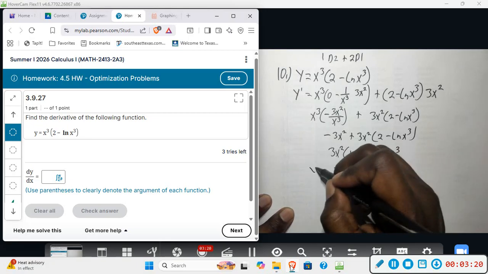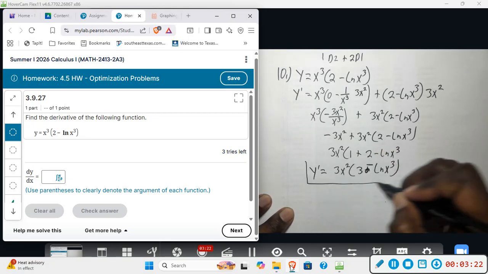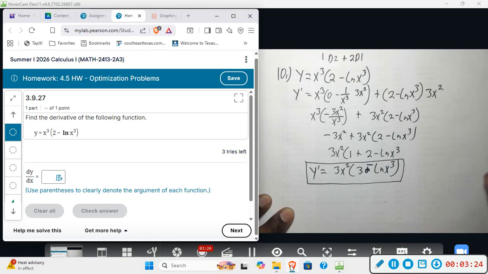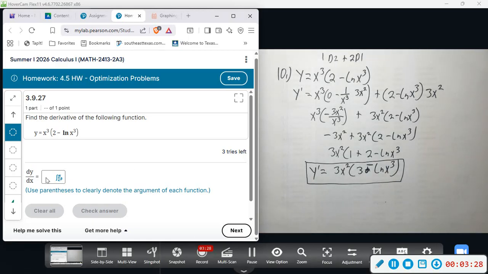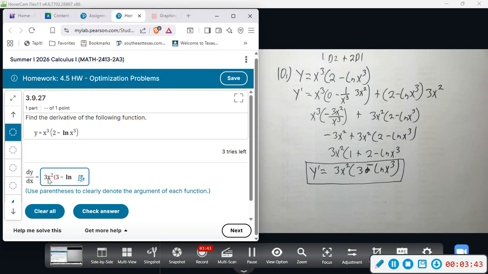So y prime simplified: x squared, 3 minus ln x to the third.